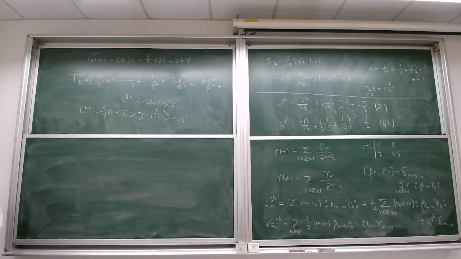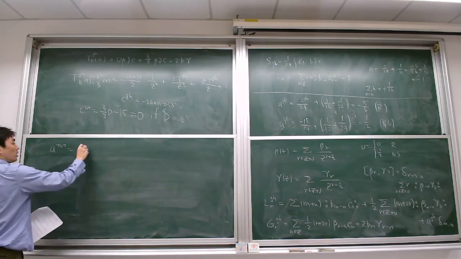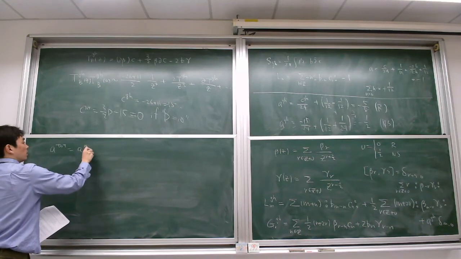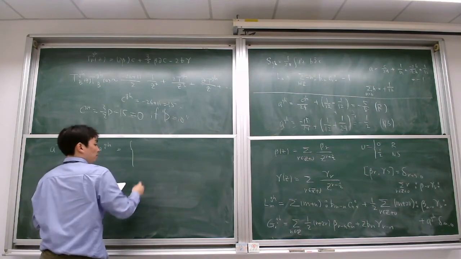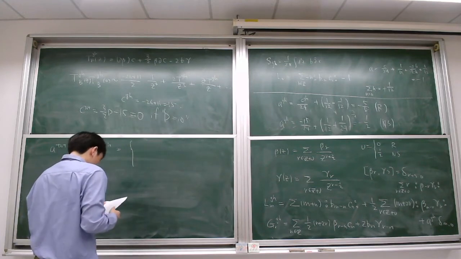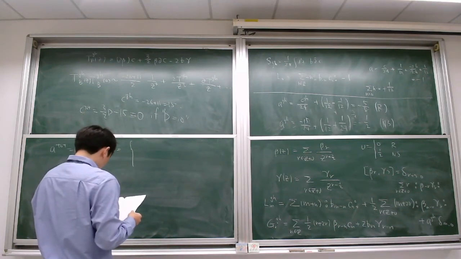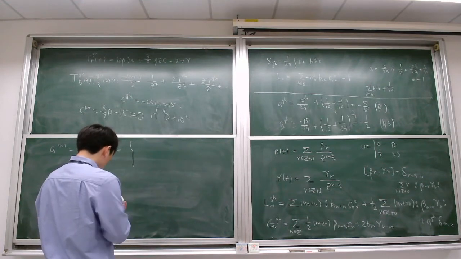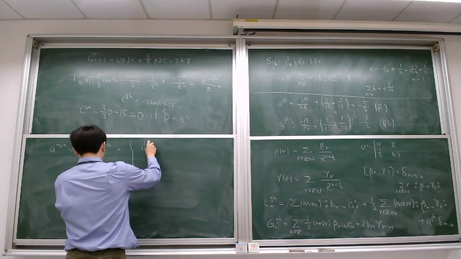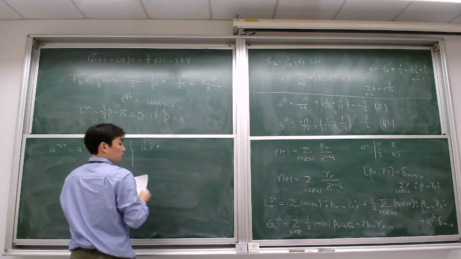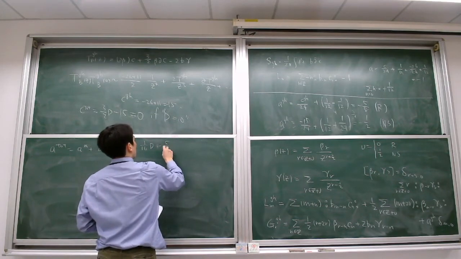So then let's compute the total, the matter plus the ghost. It used to be, what was it? 1/16 d plus that one, minus 8.